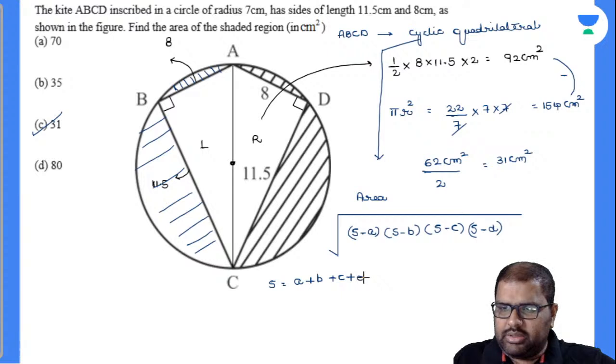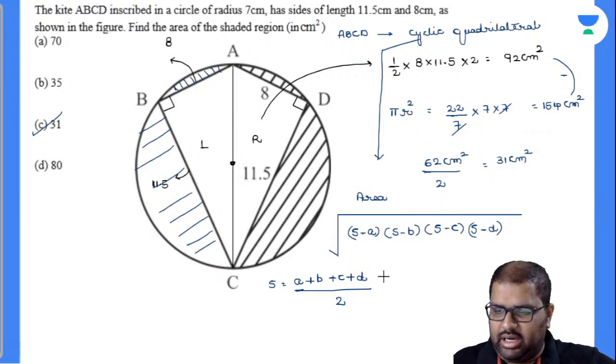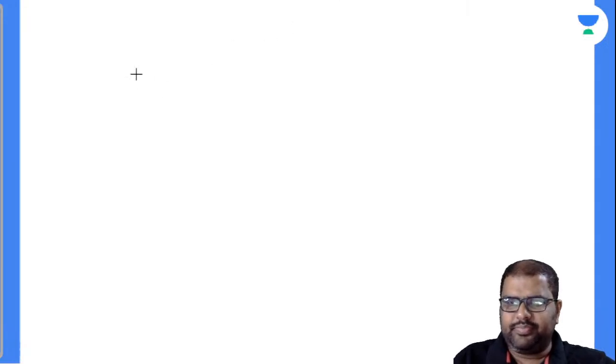Now see here, A and B are 11.5 and 8. Is it 19.5? 19.5 into 2 divided by 2. So semi-perimeter will be 19.5. So see here, I'll solve this.